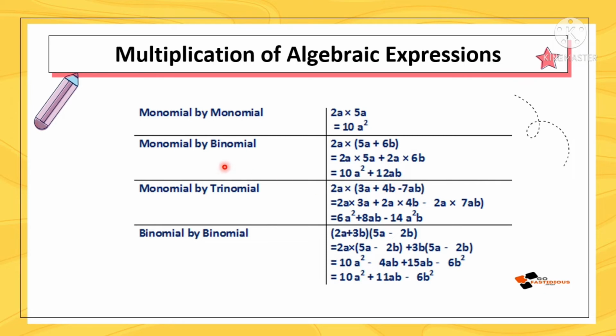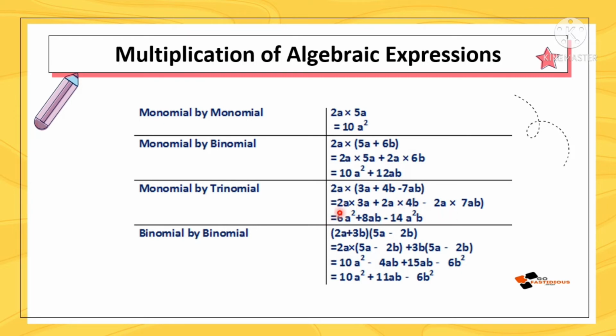I hope you understood up to here. Let's move forward. Suppose we need to multiply monomial by trinomial. In this case 2a is the monomial and 3a plus 4b minus 7ab is the trinomial. The process is the same. When we open the bracket, this 2a will multiply by all these three terms. So first 2a multiplied by 3a, plus as it is, 2a multiplied by 4b, minus as it is, 2a multiplied by 7ab.